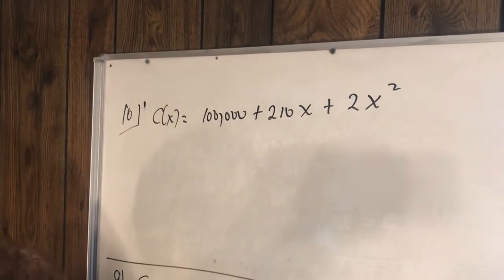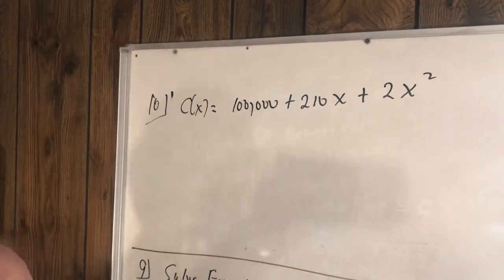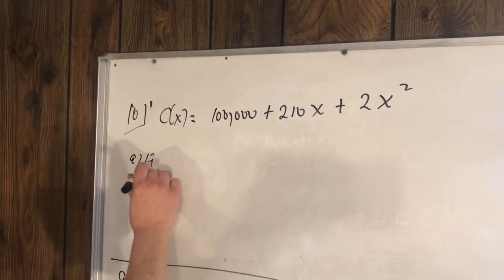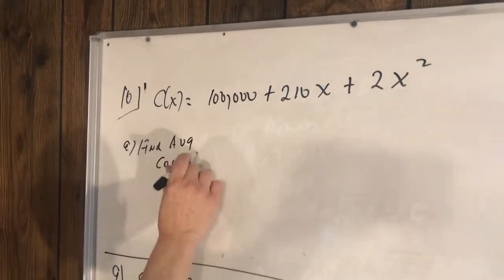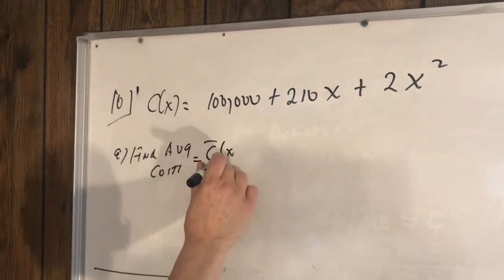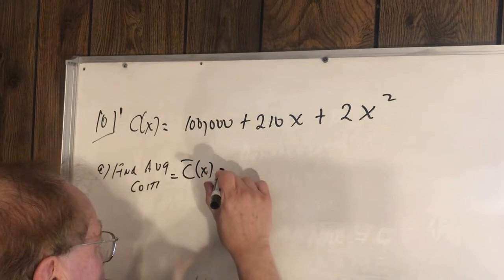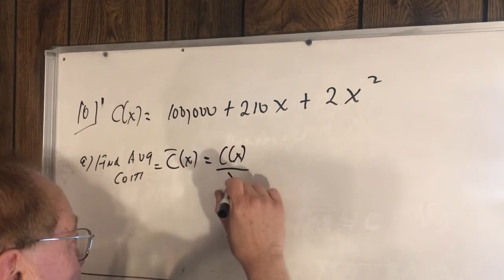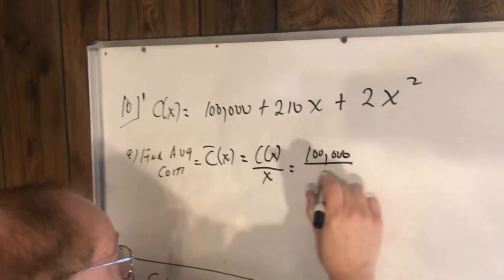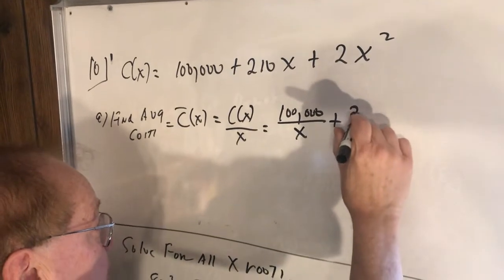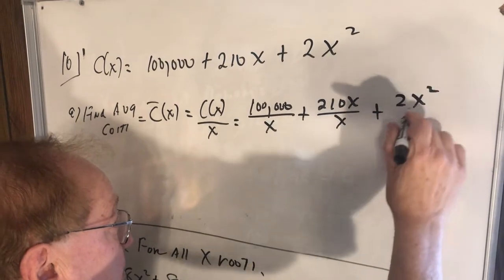All right, so what do I want to find here? I want to find the average cost. Well, that's C bar of x. The average cost will just be the cost function divided by x. So this will be 100,000 divided by x plus 210x over x plus 2x squared over x.